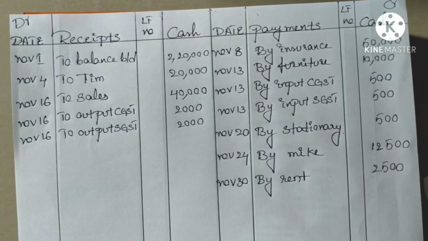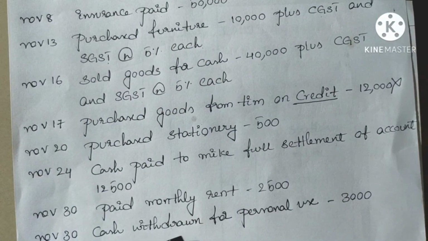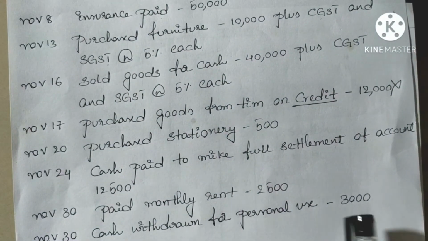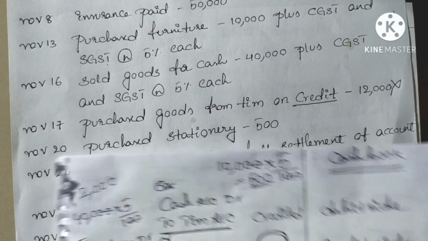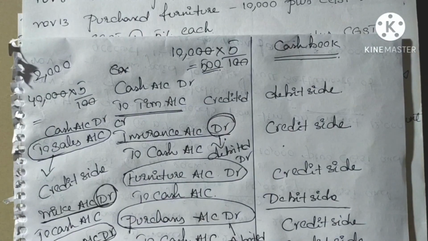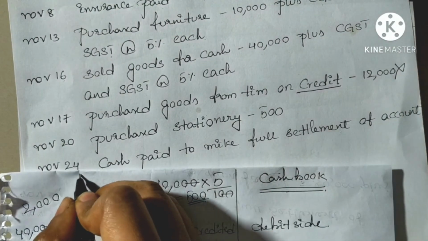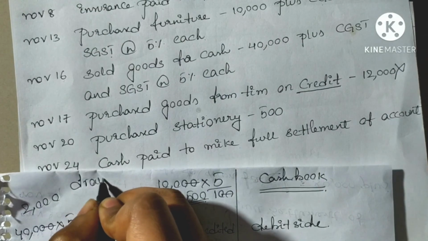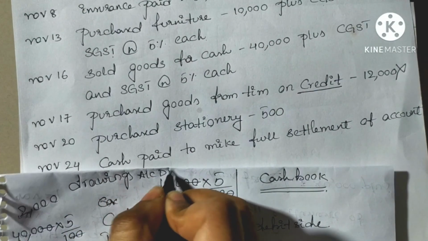Our last transaction is cash withdrawn for personal use 3,000. So, when the proprietor withdraws any goods or cash for personal use, it will come under drawings account. So, the journal entry would be drawings account debit to cash account.